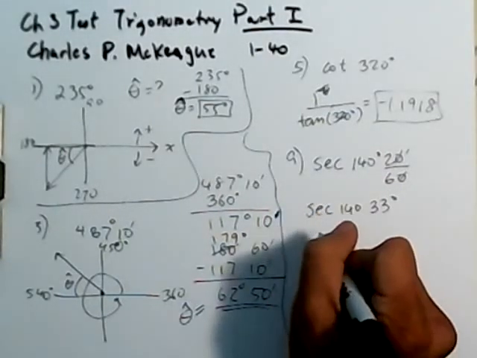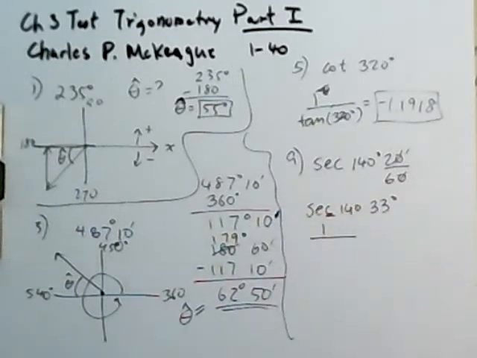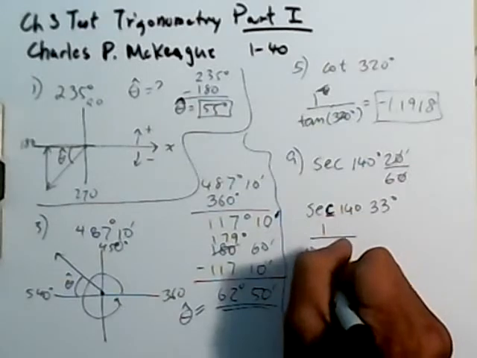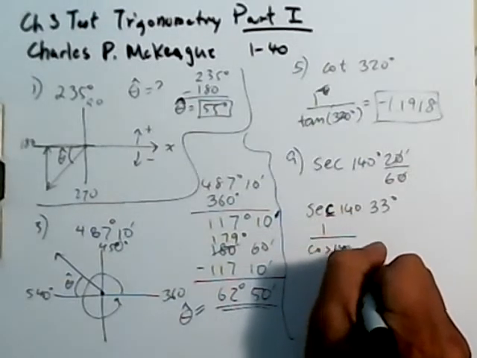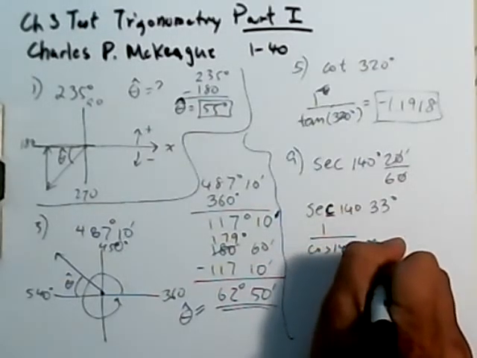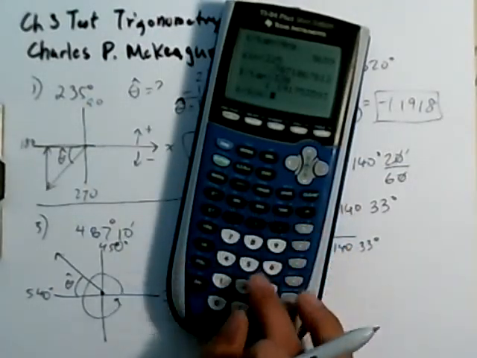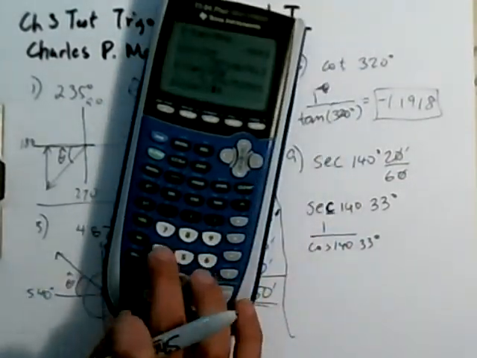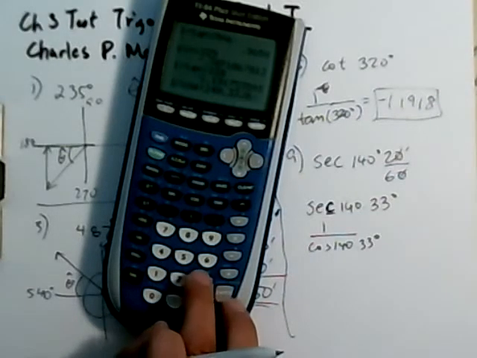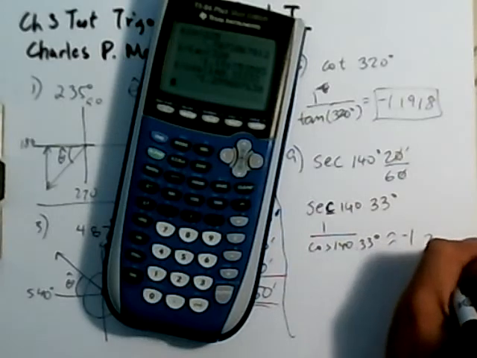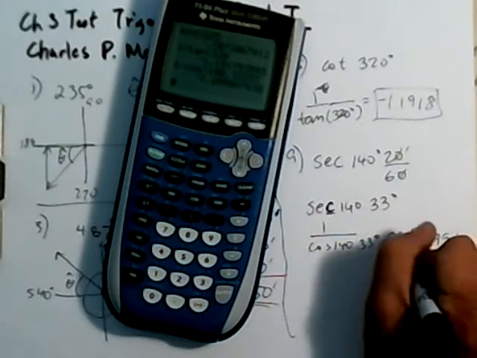The secant is the reciprocal function of the cosine. That's how you remember: there's only one c. So I go 1 divided by the cosine of 140.333, and I get approximately negative 1.2991.